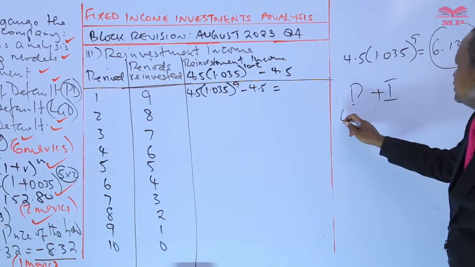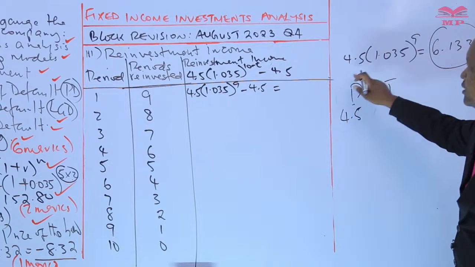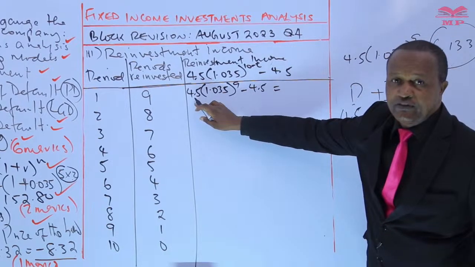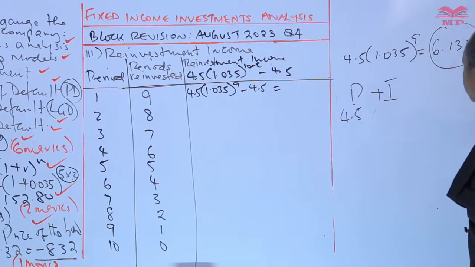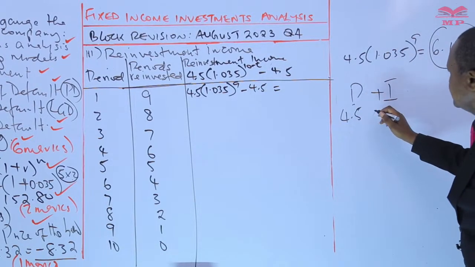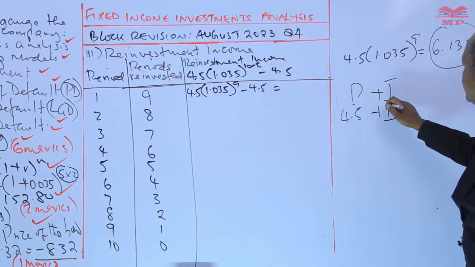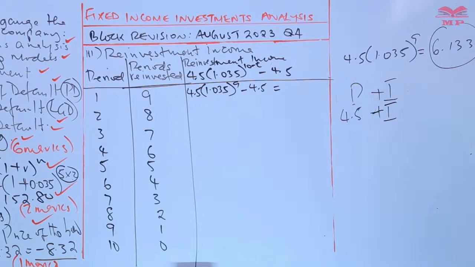The principal is this 4.5, which was reinvested. So the 6.133 combines both the interest and the principal.